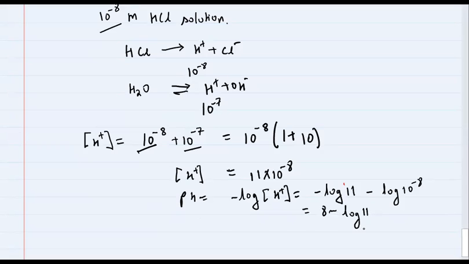It is equal to 1. So obviously if it is log 11, it should be something more than 1. So I can take approximately 1.04. So it will become 6.96. If you take 1.02, it will be 6.98. So obviously it will be slightly less than 7. Got the concept?